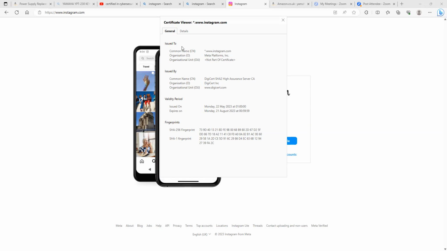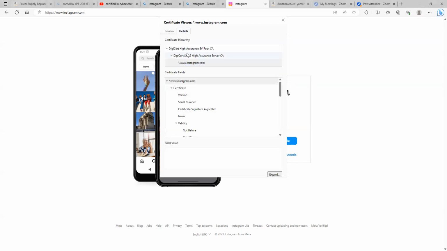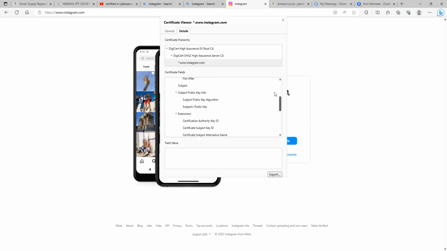Our browser will store a copy of their public key, but only Instagram will hold a copy of their private key, and they must not make that public. So it tells us the certificate number, it tells us when it's valid, it tells us when it will expire, and you can go into all of these if you want to.